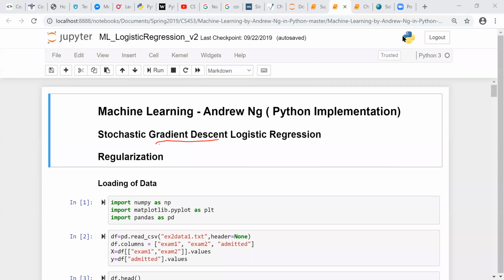The gradient descent concept we already know, but here we use gradient descent on logistic regression with stochastic. Previously we learned batch gradient descent.